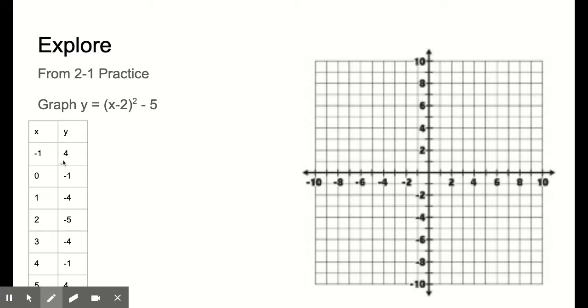So let's take a look at how this looks on the graph. So -1, +4, 0, -1, 1, -4, 2, -5, 3, -4, 4, -1, and 5, +4.